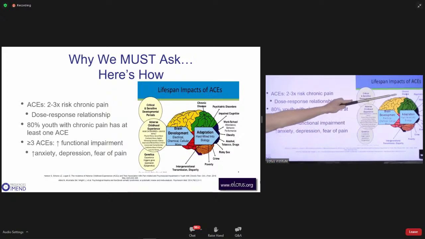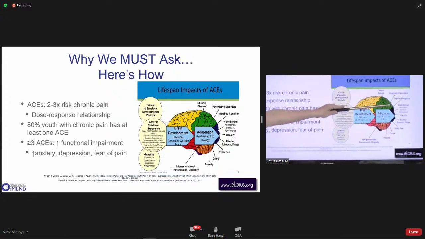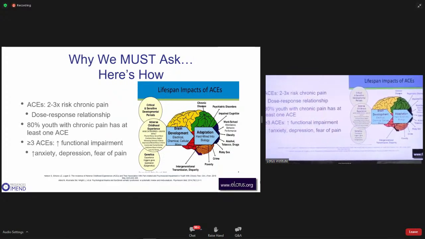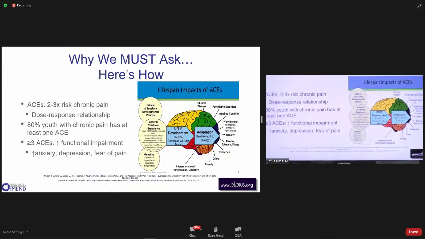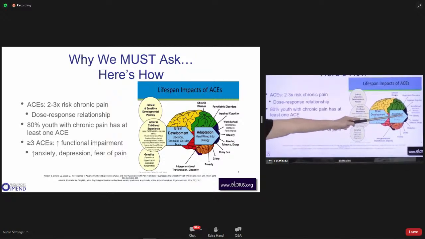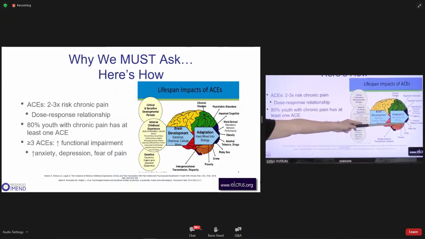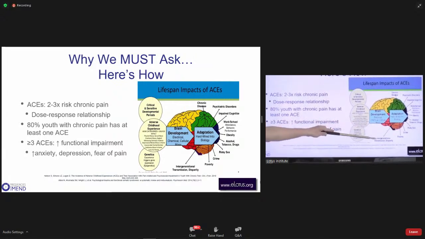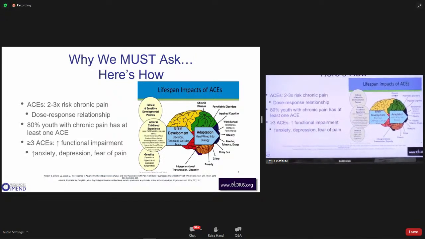So this is where we end up with these chronic diseases, psychiatric disorders, impaired cognition, work and school issues. These are your kids in trouble in school, bullying, bad grades, can't pay attention, sleep deprived, brain not focusing, ADD. And then we have a high likelihood of obesity, alcohol, tobacco, and drugs, risky sex, and then crime, poverty, and intergenerational transmission and disparity.